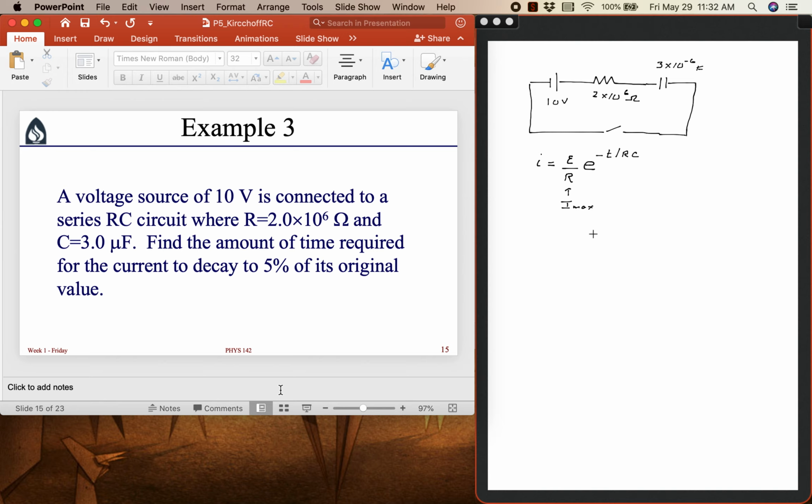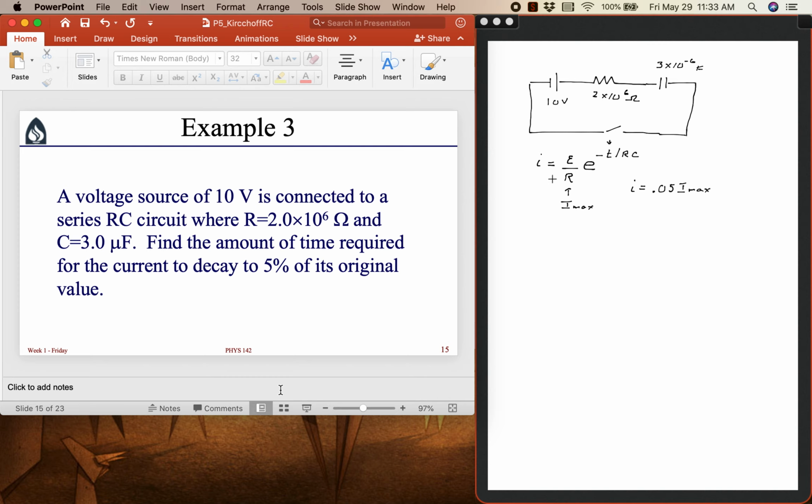So the thing we're told in this problem is that we want to find t, the amount of time for the current to decay to 5% of its original value. So I max is the original value, that's the starting point, and we want to know when is I equal to 5% or 0.05 of I max.